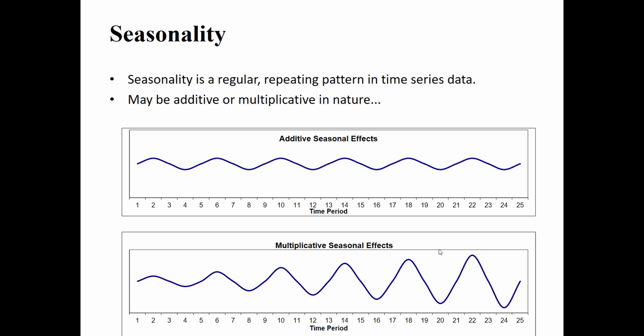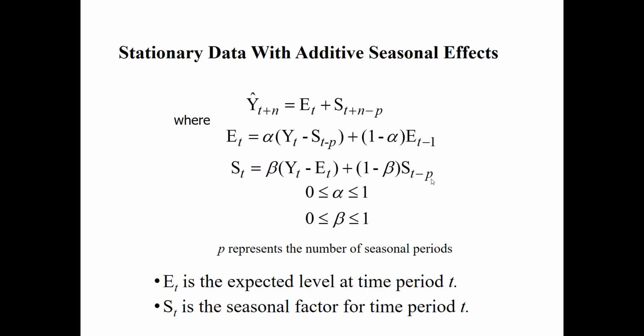For each of these behaviors, we have two different forecasting models. For the additive part, we represent the forecast at time period t plus n by two factors.